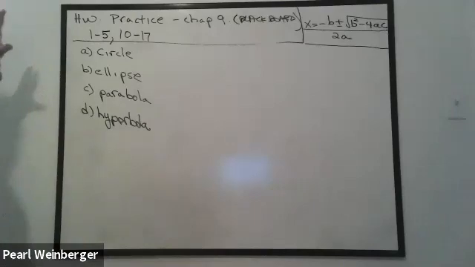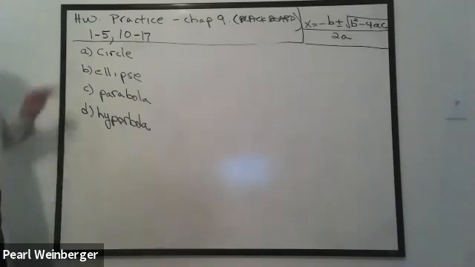These are what we call the conic sections. And we discussed why that term was used, but it's not important to know why it's used. We just have to know that this is what it stands for.